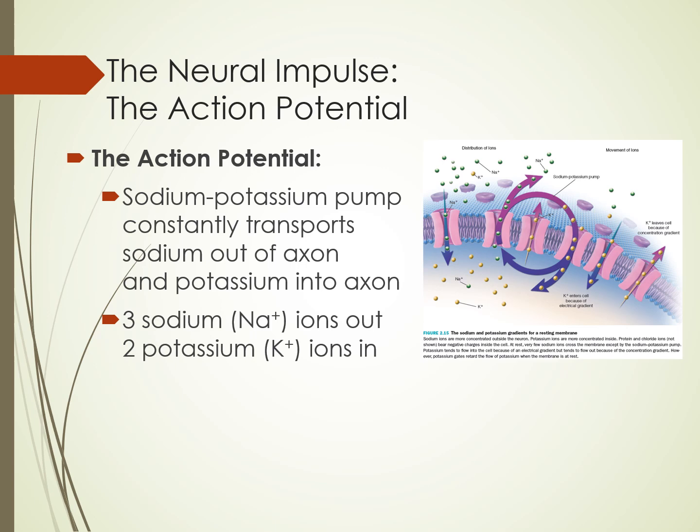If you're like me, one of the things that maybe bothers you at this point is now all the sodium and potassium are in the wrong places for us to be able to have that process occur again.